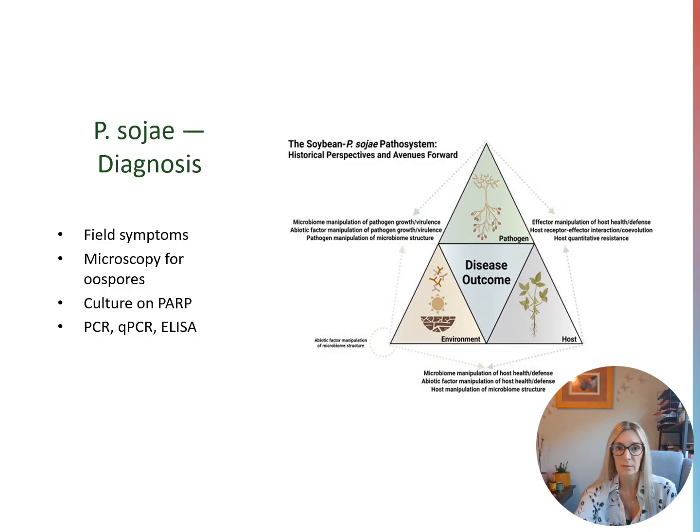Molecular tools such as PCR or qPCR provide highly accurate identification, and ELISA tests can detect pathogen-specific antigens. Pathogenicity tests, where the pathogen is reintroduced to a healthy plant to reproduce symptoms, provide final confirmation.